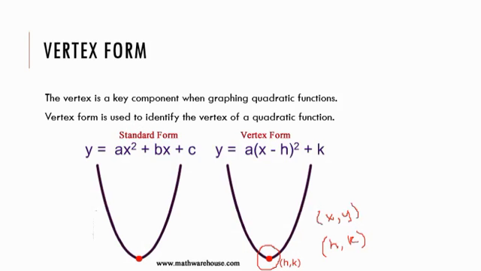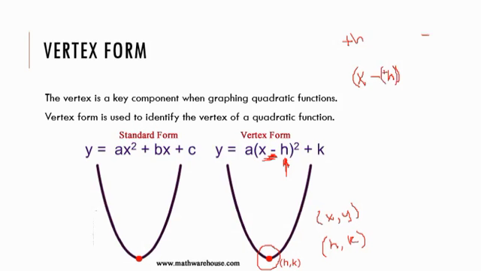H is the positive y value. Something to keep in mind, it is being subtracted in the vertex form. So if I have a positive H in my vertex, I will write it in vertex form as x minus that positive H. Okay? I just put a plus there and put it in parentheses.